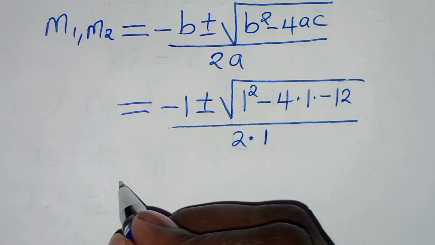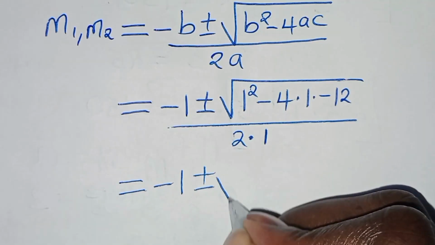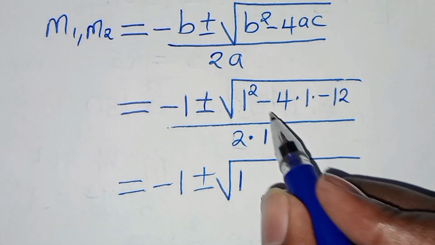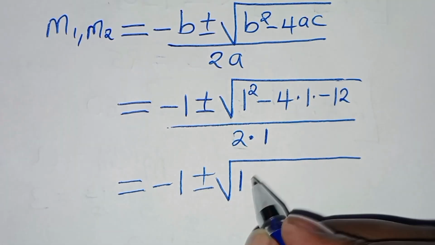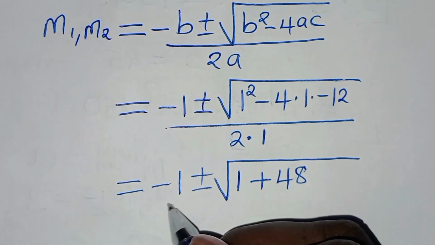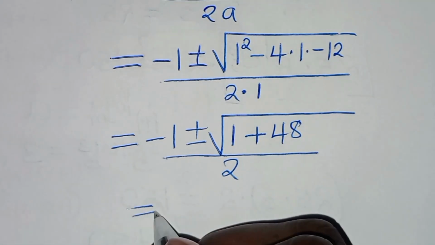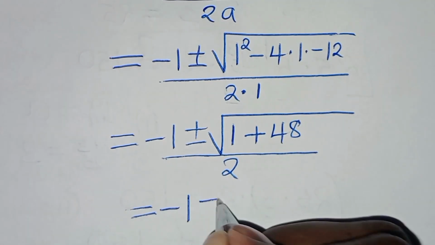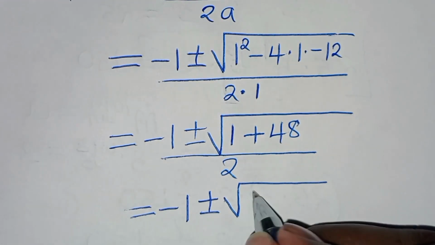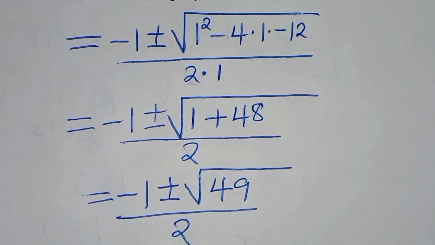Now this implies that we have minus 1 plus or minus the square root of 1 squared, which is 1, then minus 4 times minus 12, this is plus 48, then dividing everything by 2. So we have minus 1 plus or minus the square root of 1 plus 48, which is equal to 49, everything divided by 2.